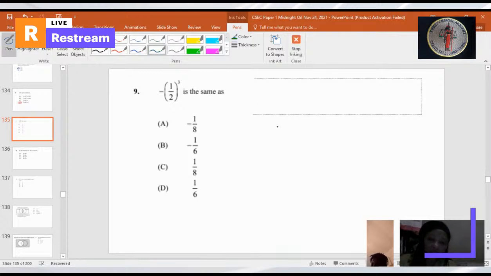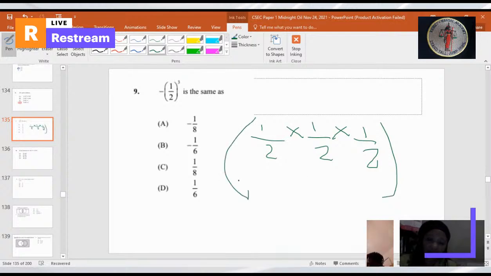So that's a half times a half times a half, and we're going to make that answer negative. Negative 1 over 8. Correct. And that's it, got that.